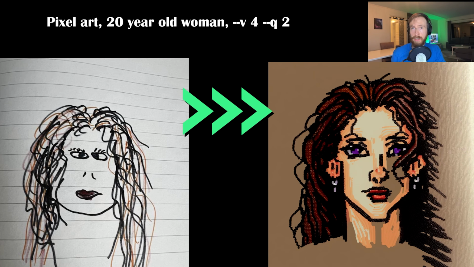The last one, I just went pixel art 20-year-old woman --V4. Again, turned out quite good, quite crazy that it can take that bad of a drawing into this. So that was quite cool. But if I was a better artist, I think you could get some pretty cool results from this. Anyway, let's move on to the next one.